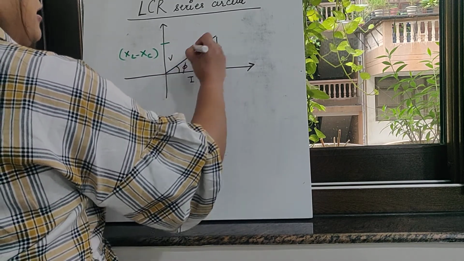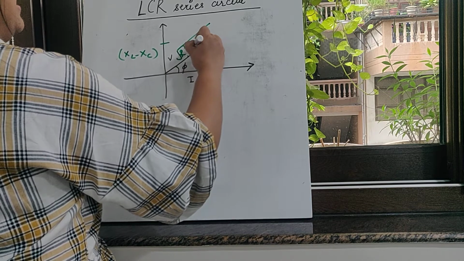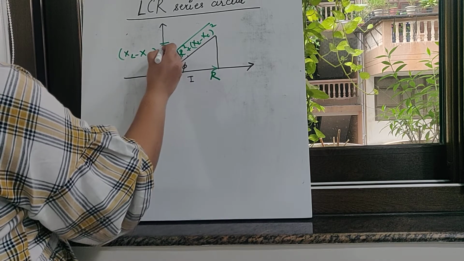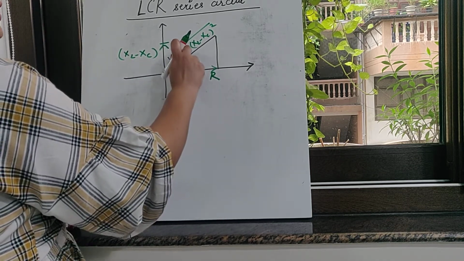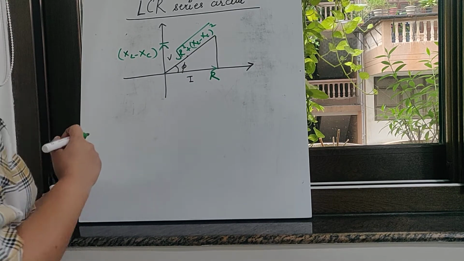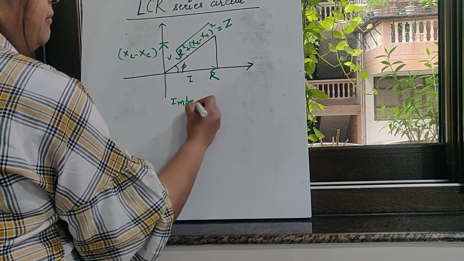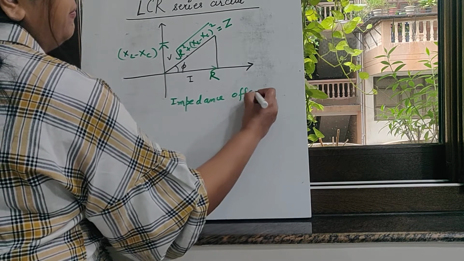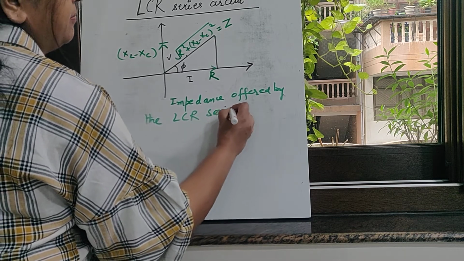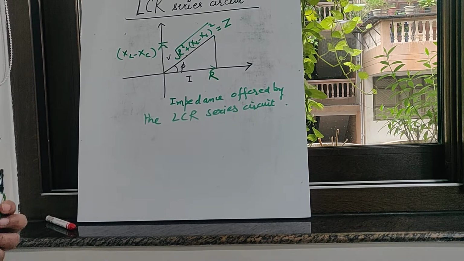So this line will represent root of R square plus (XL minus XC) square, right? If this vector is R and this vector is XL minus XC, then this hypotenuse will be given by this. Again, by the parallelogram law of vectors, we can write it like this. And this is known as Z, that is the impedance offered by the LCR series circuit.